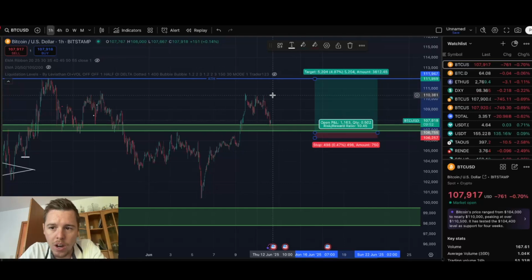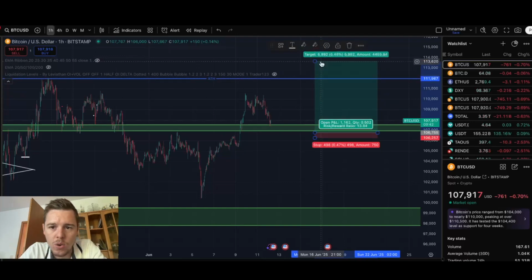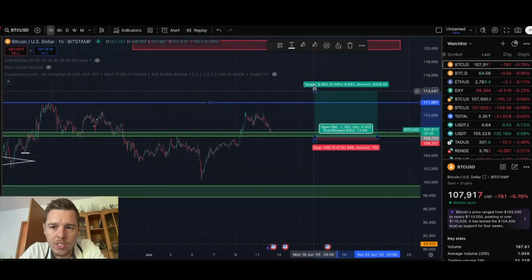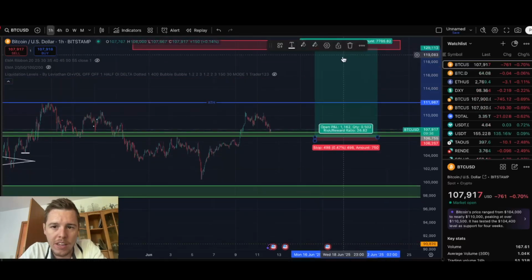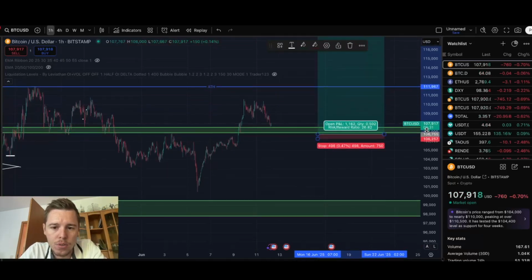Here at 110,000 US dollars would be about 3%, and the next would be at 112,000 US dollars, but you can also trade this up till 120,000 US dollars. It gives you 12%. Keep in mind, pull your stop loss every time we are reaching higher levels.